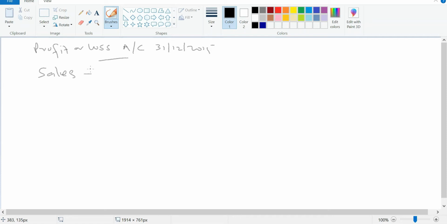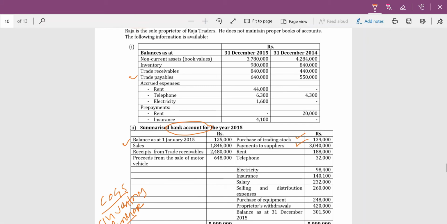Sales is also not given. You are given the receipts from receivables, which means you have received this amount from your customers on credit sales. And what is this sale? This should be cash sales.